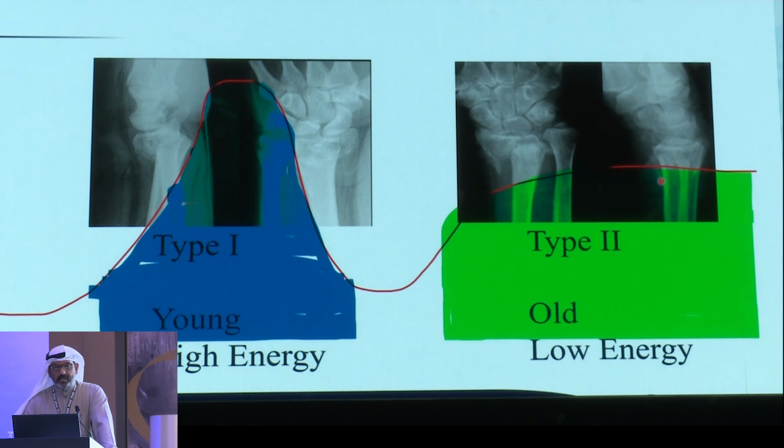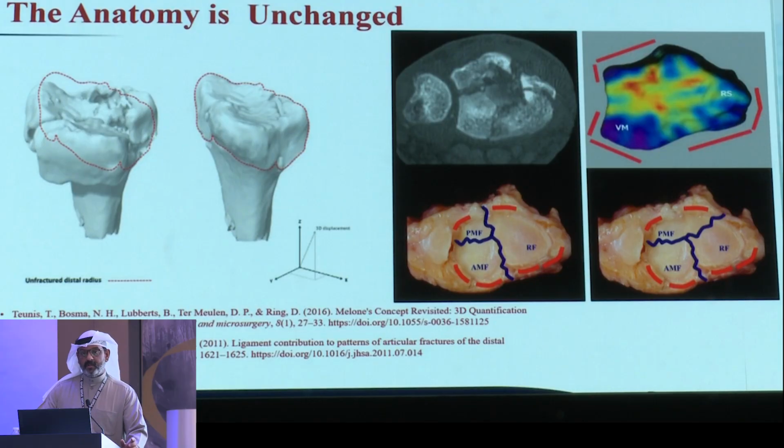No fracture happens in these areas. Milone says that the distal radius comes in three parts, and he proved it by a heat map, shown in the red and yellow area.